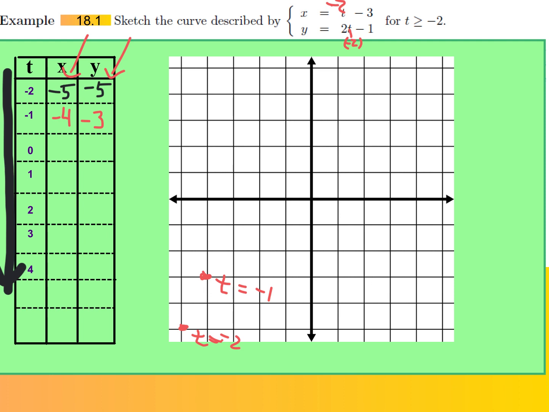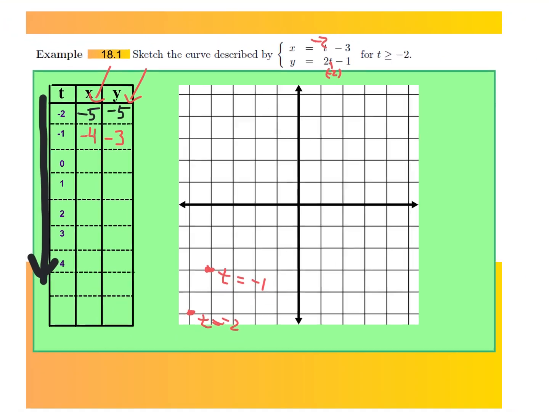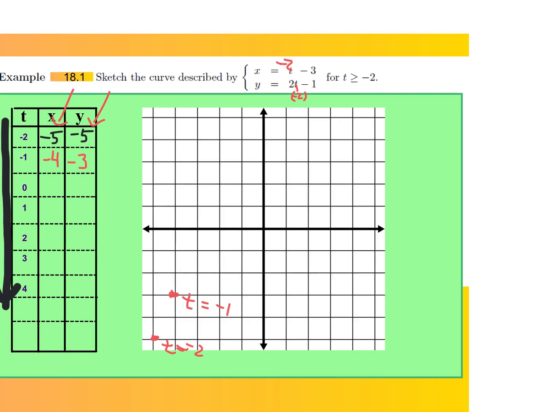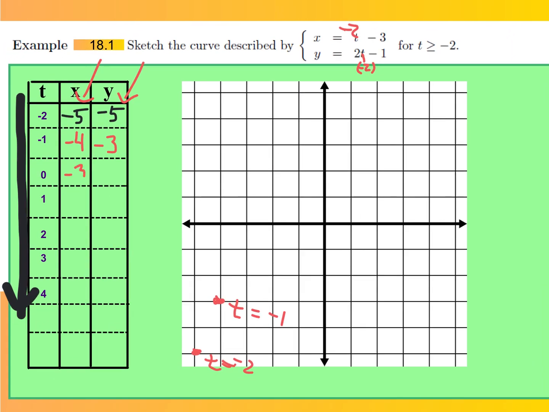All right, do the next one, everybody, and we'll see who I call upon for the t equals 0 spot. Vivian, what did you get when you stuck in 0? For x, I got -3. Yep. And then for y, I got -1. Perfect. I think you guys are getting the idea, right?